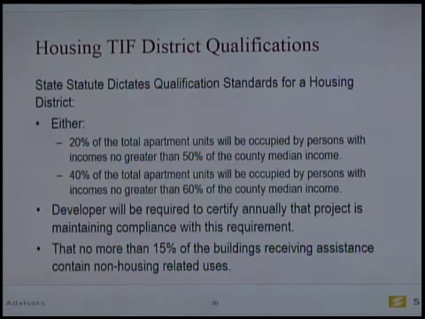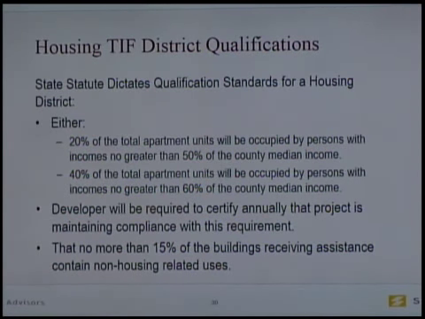It will need to comply with either 20% of the units rented to be occupied by persons with incomes no greater than 50% of county median, or 40% of the total units occupied by persons with incomes no greater than 60%.